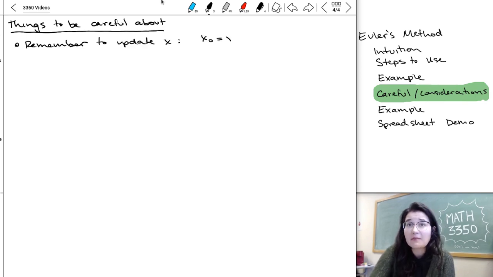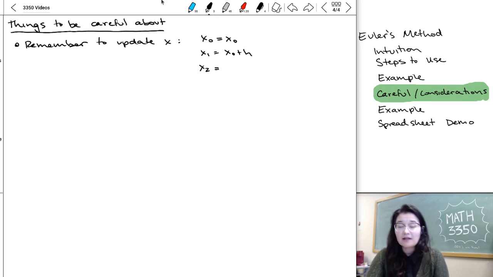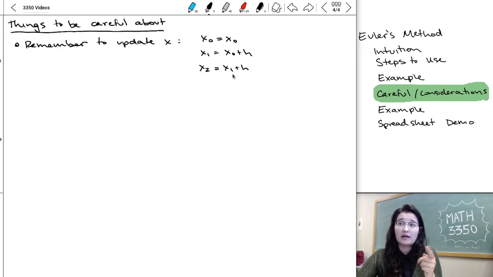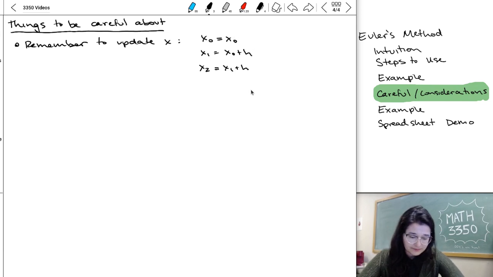You're going to start with some x0 that you're given, and then x1 is x0 plus h, and x2 is going to be x1 plus h. You're going to go back to the previous one, you're not going to go all the way back to x0, and so on and so forth.